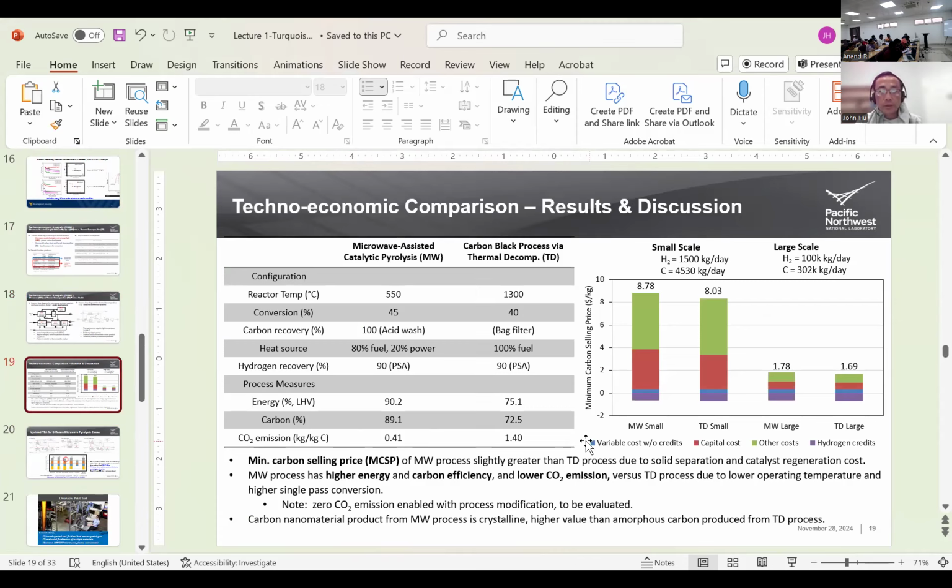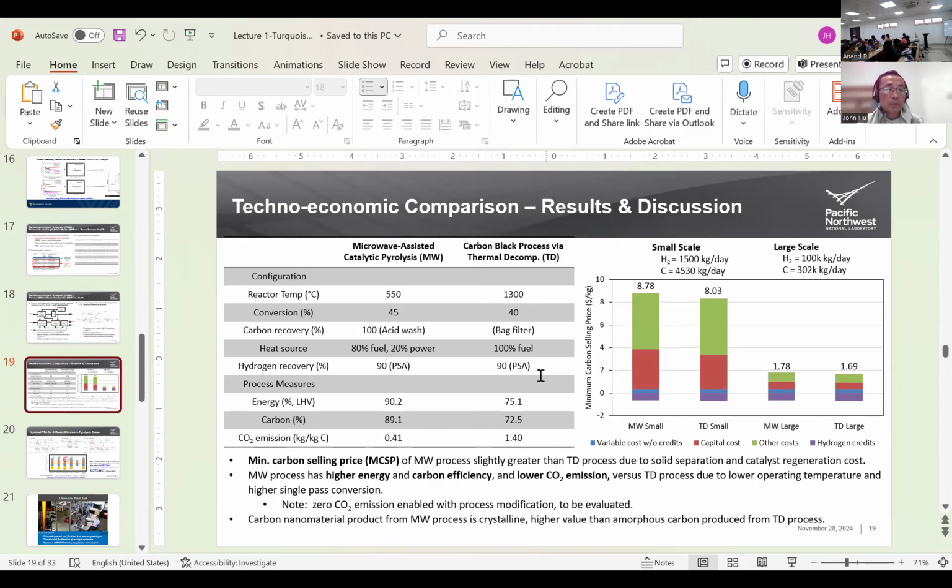So here's the result. It depends on the scale. If you have a small scale, the minimum carbon selling price, remember, we used the term minimum ammonia selling price, here it's the minimum carbon selling price, and it's pretty high. You need to sell carbon at $8 in order to make money.